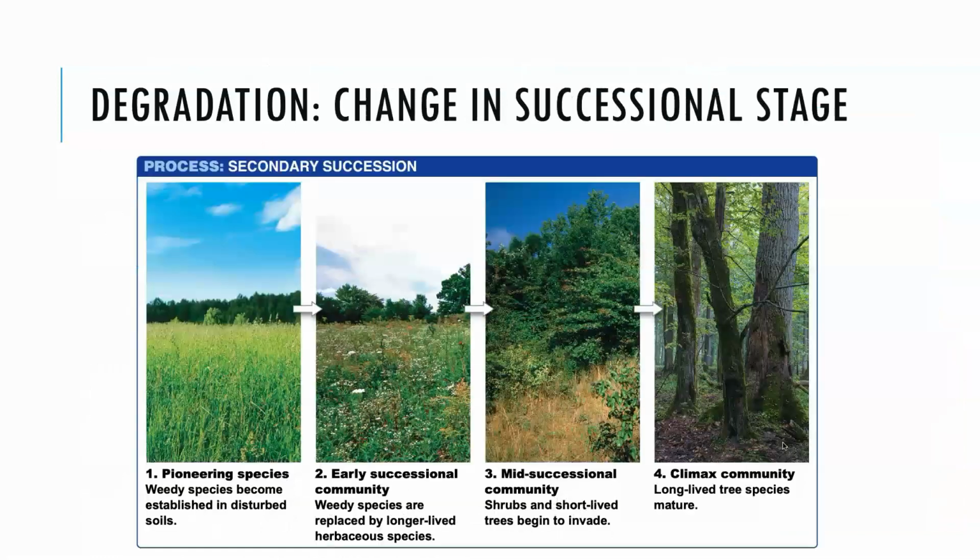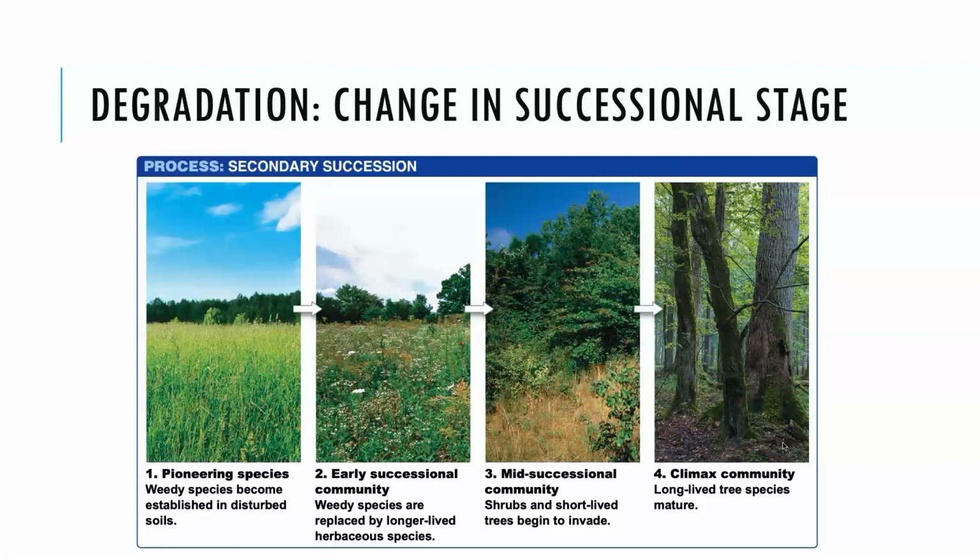Another way you could degrade a habitat is to change its successional stage. So this is an ecological concept where, I don't know if you've ever watched a burned area recover, but basically if you take away all of the plant life there because of a fire, for example, the first species that come through are going to be your grasses, your simple plants.